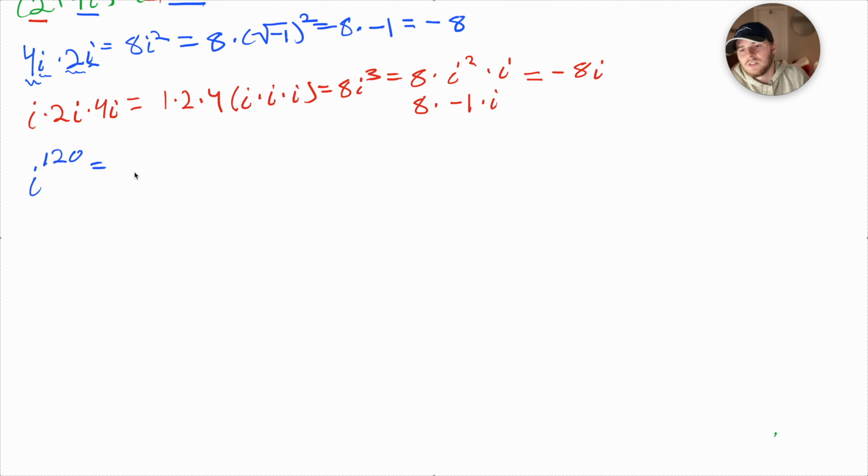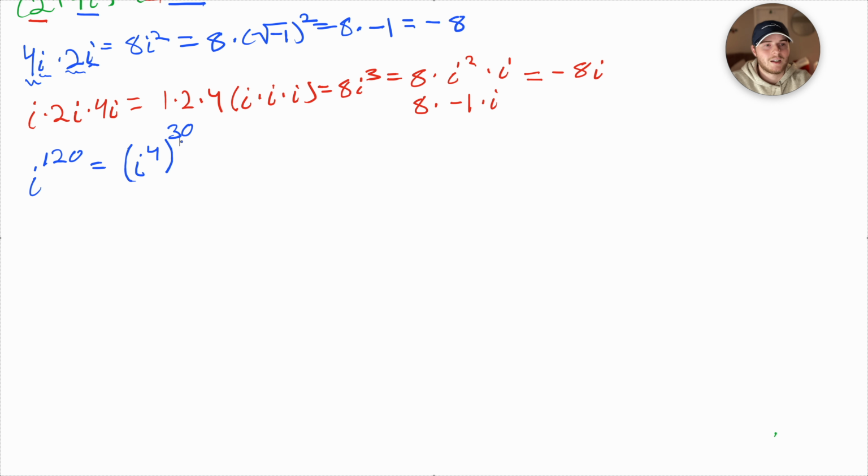And this is where it comes into play that we know i to the 4th is equal to 1. And every i to the 4th, you're going to have 1. And this makes it incredibly easy to work with, because you can say i to the 4th, and then to the power of 30, which is saying i to the 4th times i to the 4th, that times 30 times.